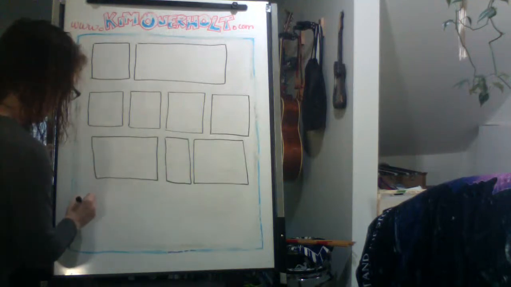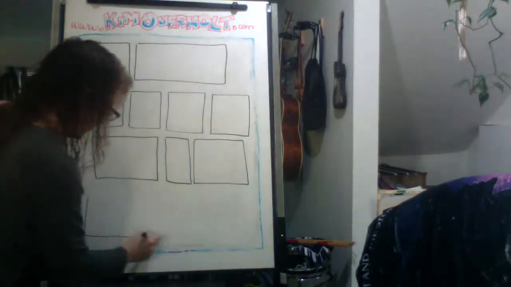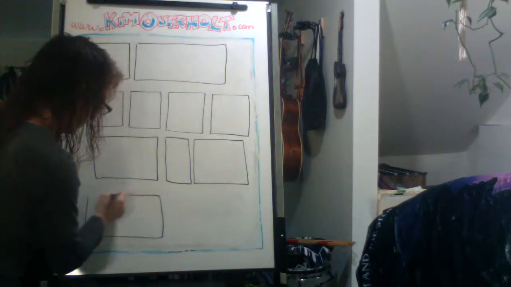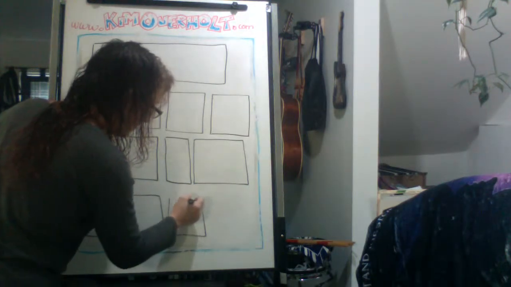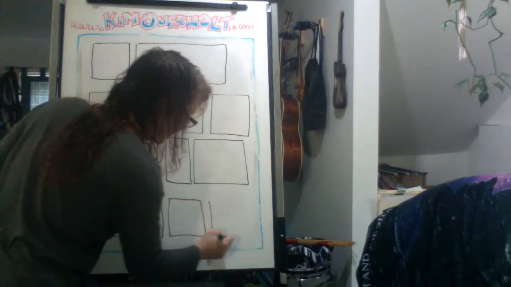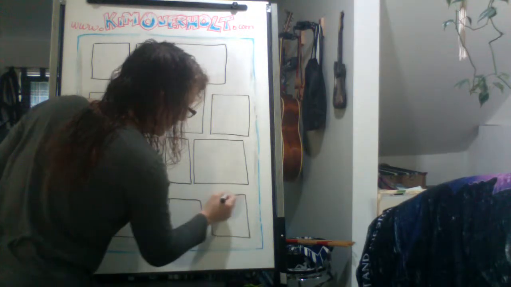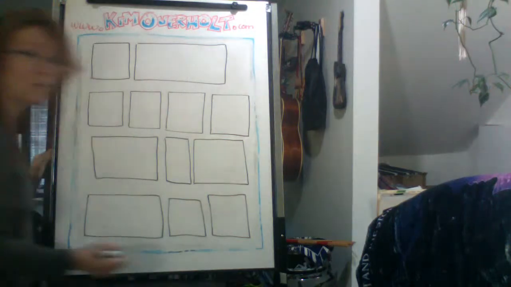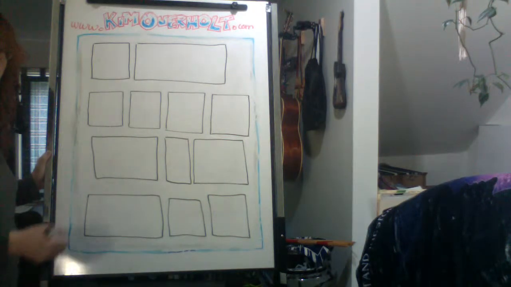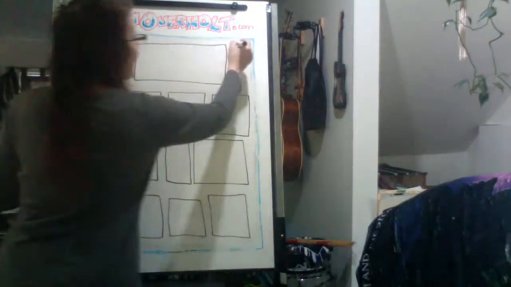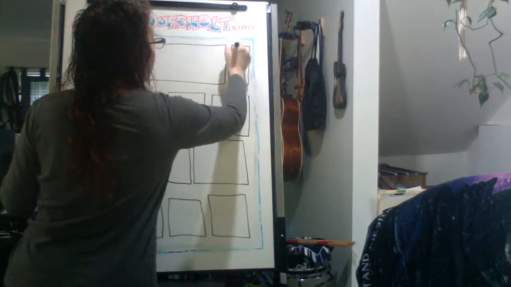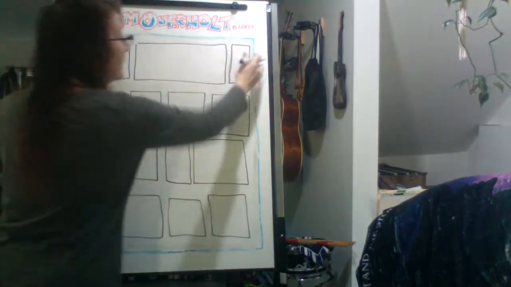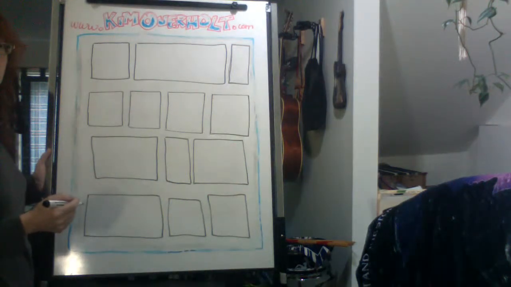And then, of course, this is almost like a statement. You can have an extra box here if you wanted to, or extend it a little bit longer, whatever the case may be.